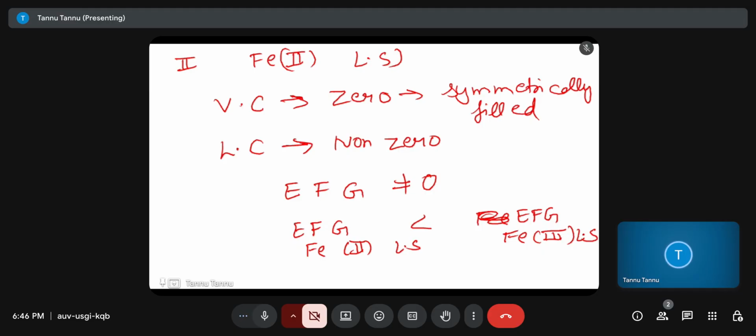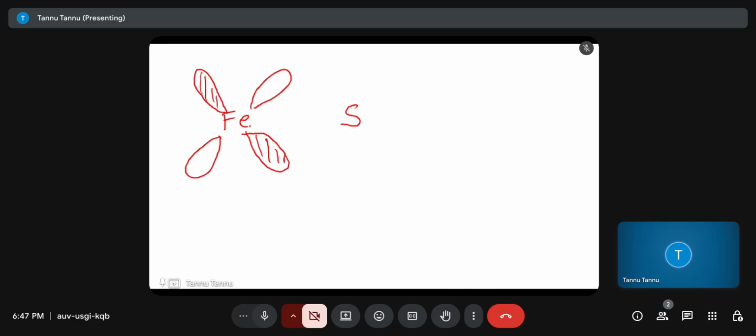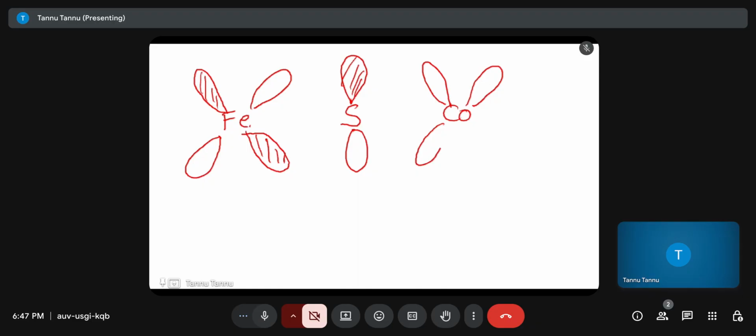So how is this intervalence charge transfer happening in this particular structure? So we have iron atom, and if you draw its d orbitals, then you have sulfur, cobalt, again sulfur.